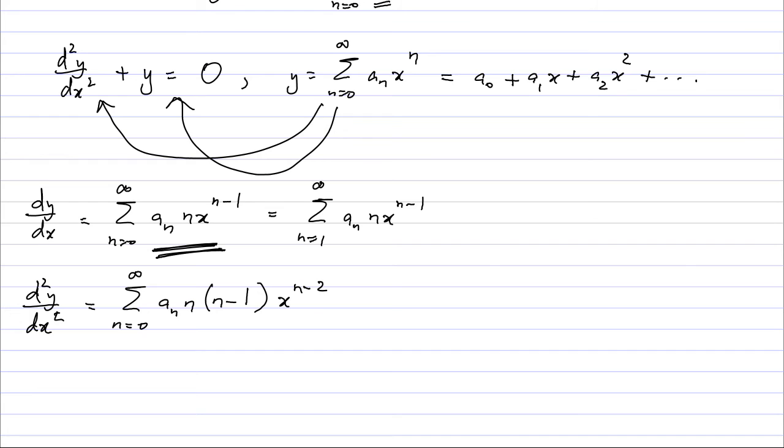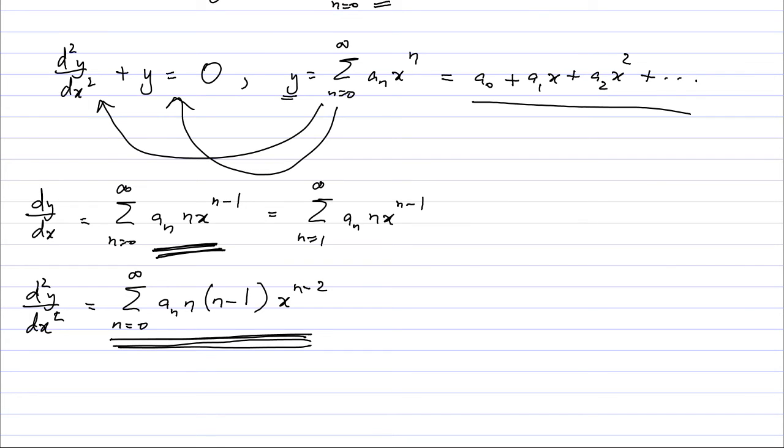Notice now that in this sum the n is equal to 0 term is 0, and the n is equal to 1 term is also 0. That's expected, because given the form of y, the first derivative starts from a1, and then the second derivative starts from a2. So that's why the n is equal to 0 term is 0, and the n is equal to 1 term is also 0.